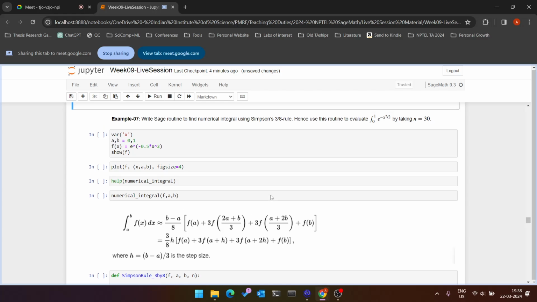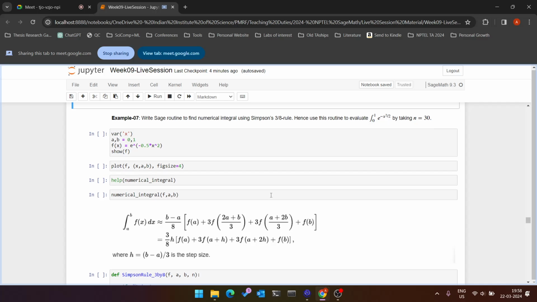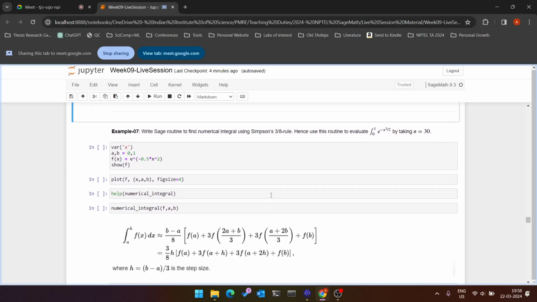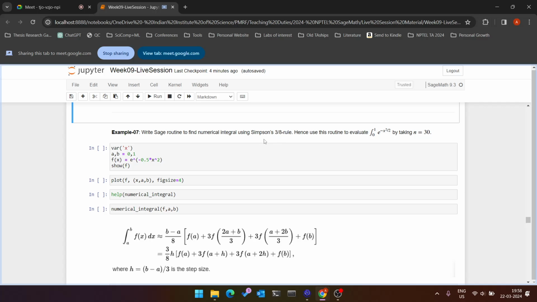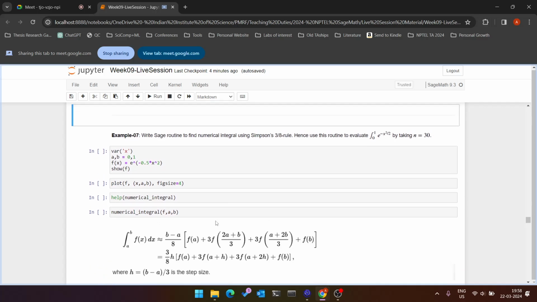So I think we have already seen Simpson's one-third rule, which approximates the interval with 3 points, which is roughly like a quadratic polynomial. Now we'll be going to the 3 by 8 rule, which roughly approximates a cubic polynomial. So 1 by 3 is for quadratic, sorry, this is for cubic.